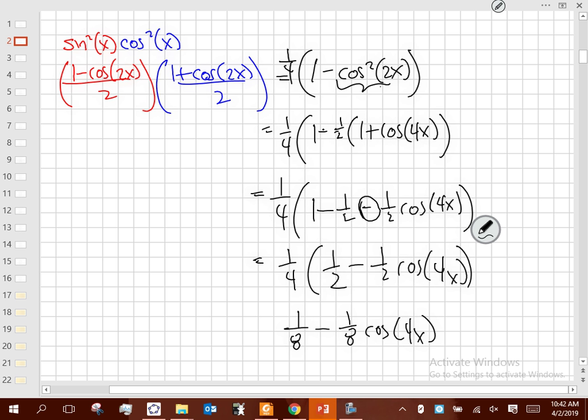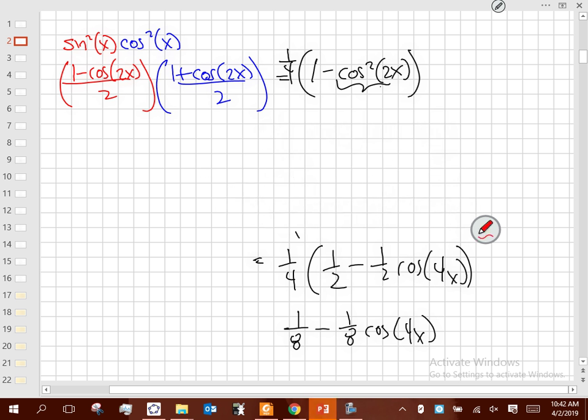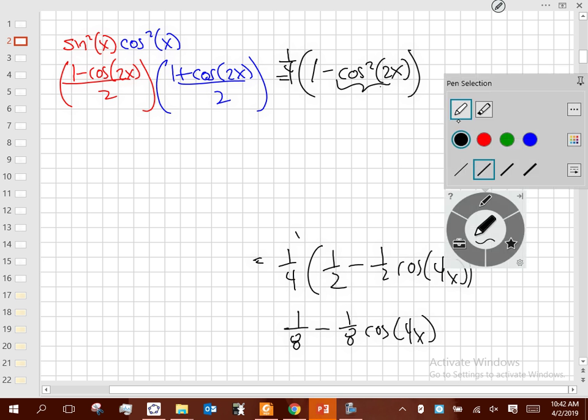What is 1 minus cosine squared the same as? Sine squared, right? So I'm not saying this is the way you have to do it, but you could have rewritten this as 1/4 of sine squared 2x. That's what 1 minus cosine squared 2x is, right?